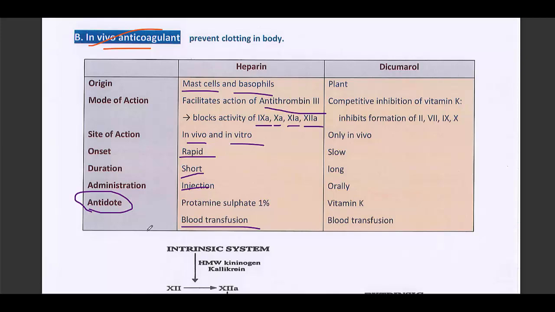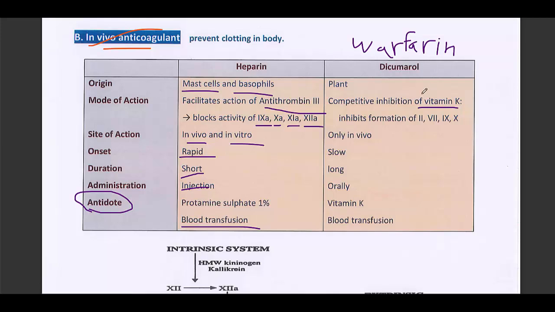Let's move to dicumarol. It came from a plant. Its action is by competitive inhibition of vitamin K. This drug is also called warfarin. Memorize the name well. Don't forget the name.